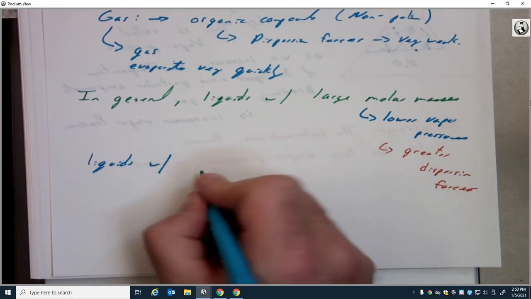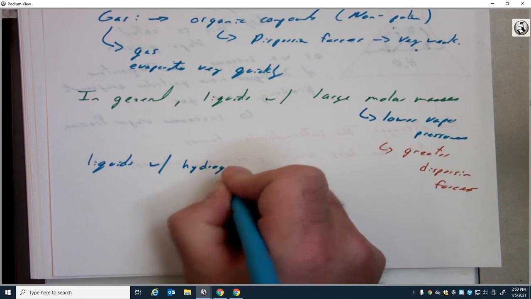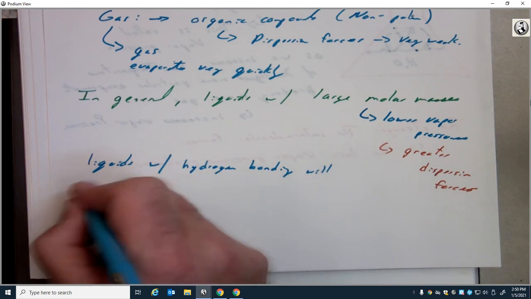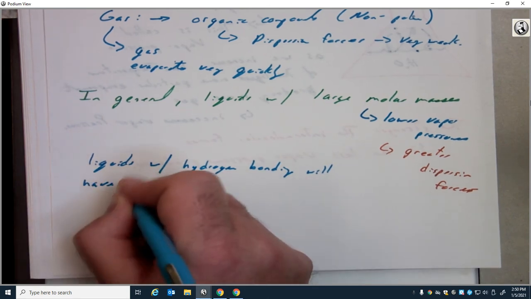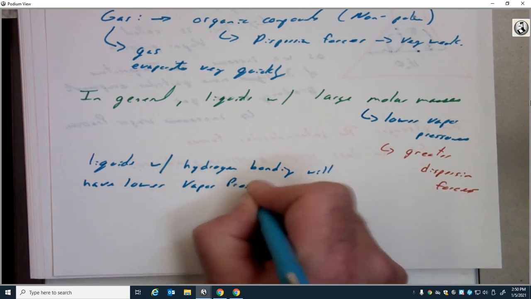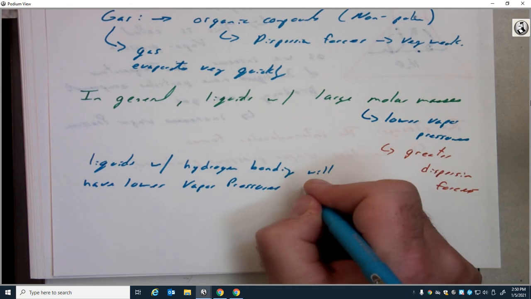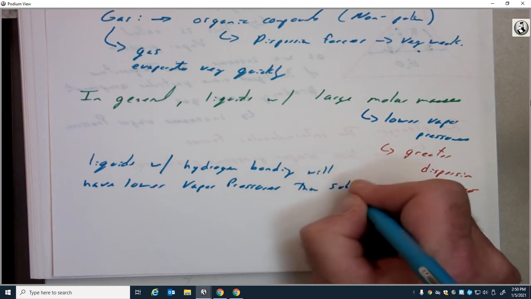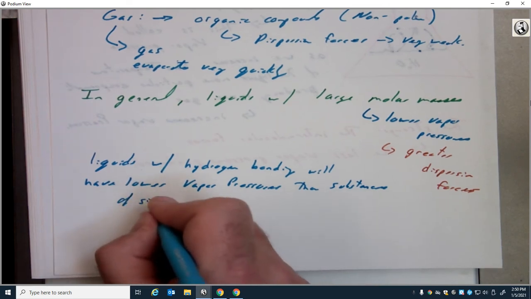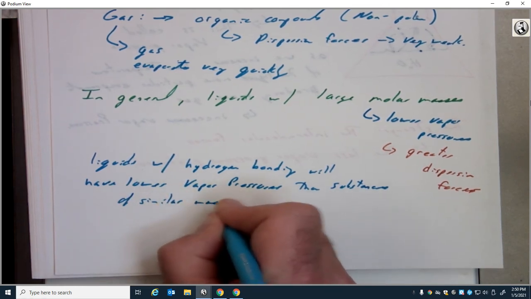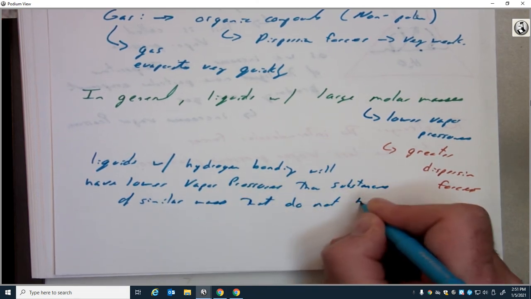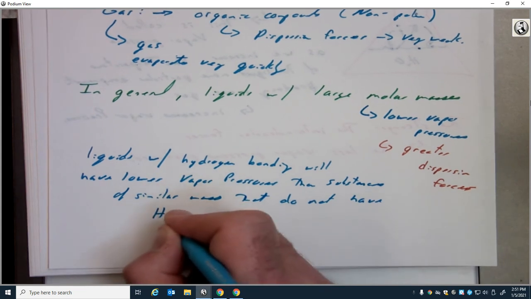Liquids with hydrogen bonding will have lower vapor pressures than substances of similar mass that do not have hydrogen bonding.